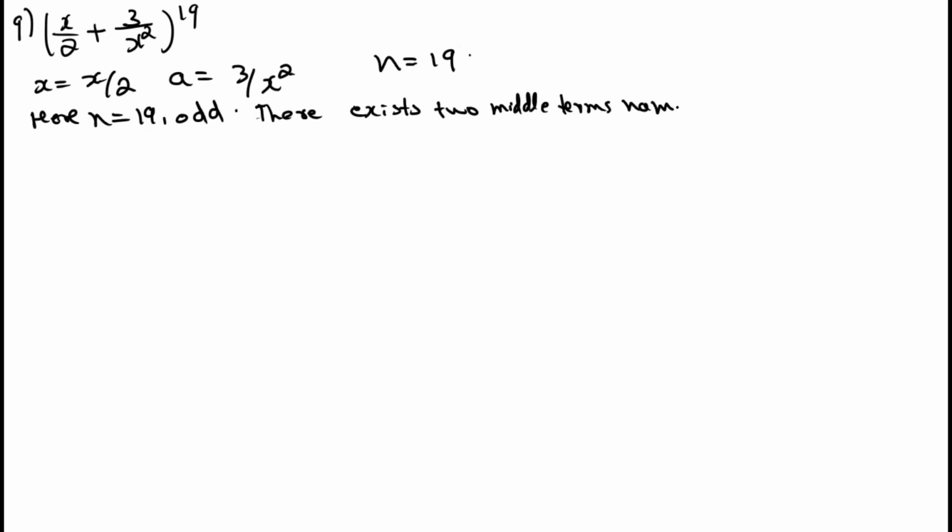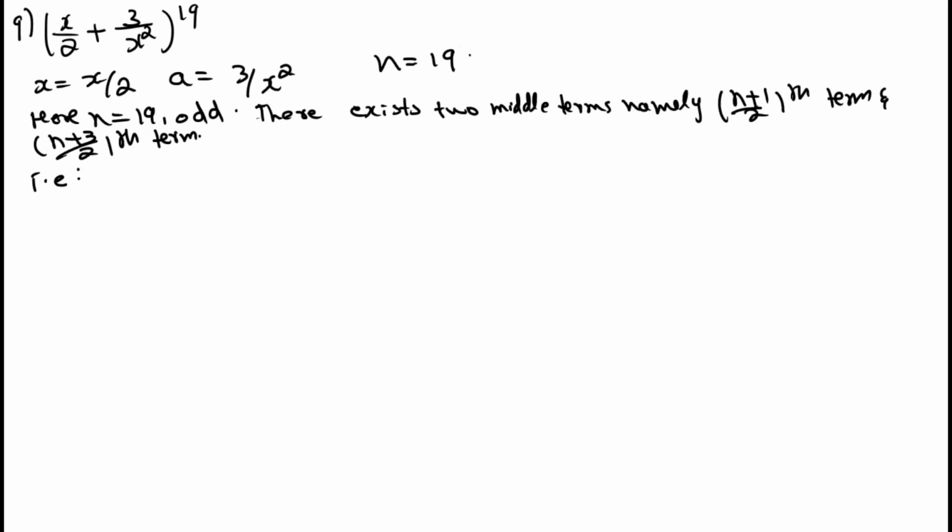Namely, what are those two middle terms? The (n plus 1) by 2 th term and the (n plus 3) by 2 th term.